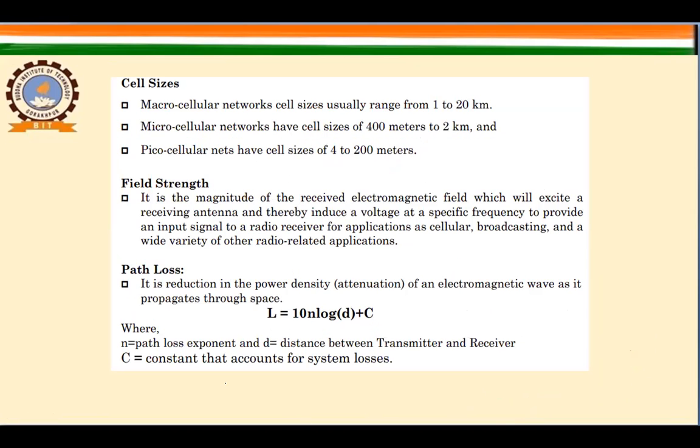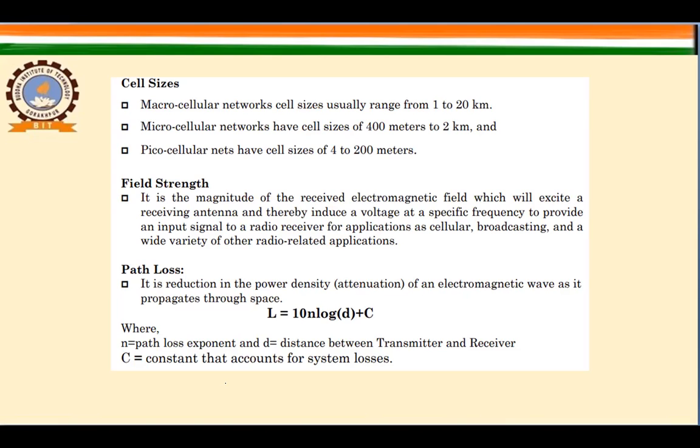The size of cells is of three types: macro cells, micro cells, and pico cells. The macro cell network sizes are large as compared to micro, having values of around 1 to 20 kilometers.